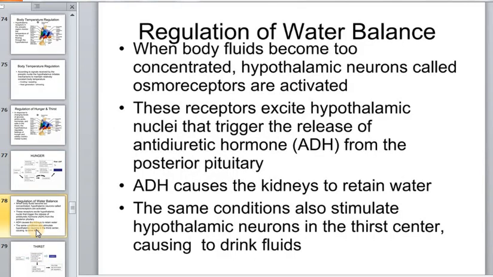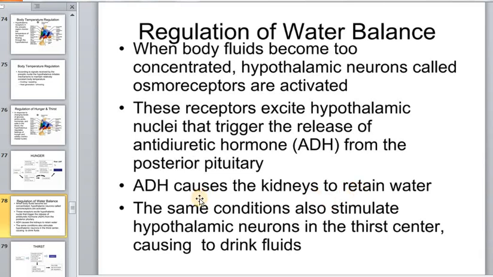And regulation of water balance: when the body fluids become too concentrated, hypothalamic neurons called osmoreceptors are activated. These receptors excite hypothalamic nuclei that trigger the release of a special hormone, antidiuretic hormone, from the posterior pituitary, and this hormone causes the kidneys to retain water.